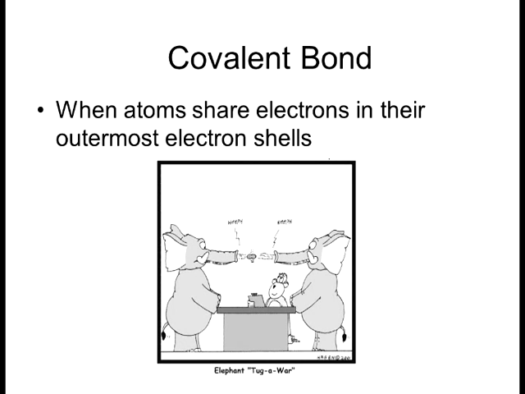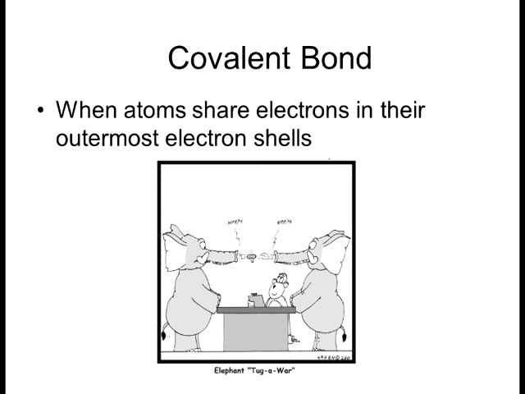As such, when these types of atoms come together, instead of ripping electrons away from one and stealing them, they just share them. But in order to share them, they have to be in close proximity to one another so that the electrons can surround and travel from one atom to the other very, very rapidly. So it requires a close association between the atoms, which is what forms the covalent bonds.